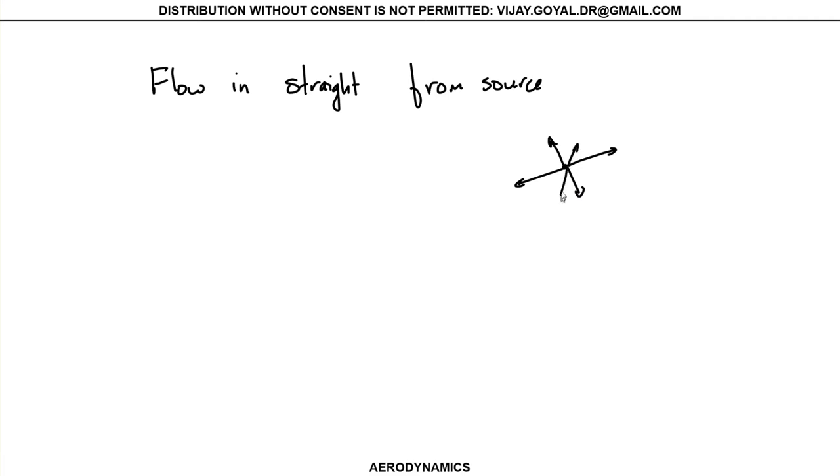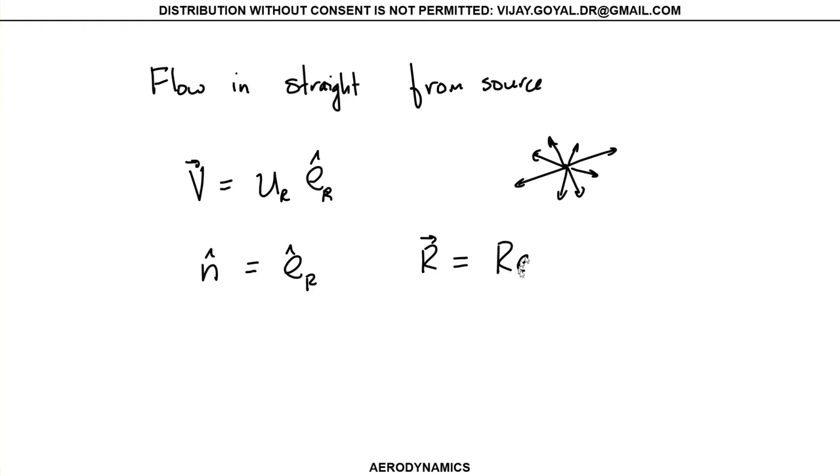It's going out equally, and all of these are identical. It's uniform. Okay, so this is going to equal u_R e_R. Let's use capital R. And then your n would be nothing else than e_R, and your total vector R will be nothing else than R e_R.